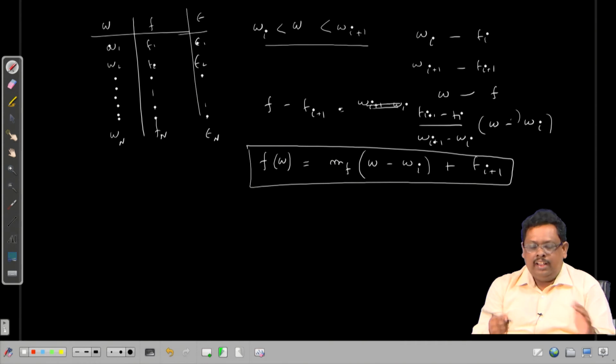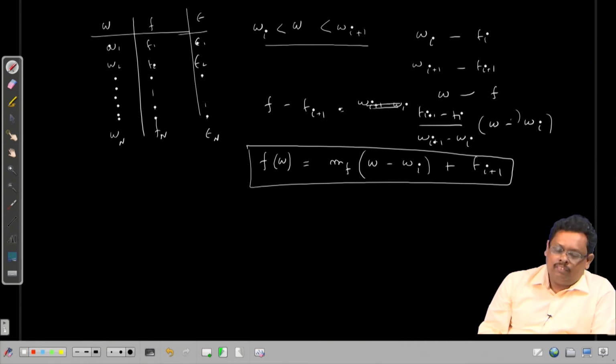With this formula, I can get the solution of f omega. Now you see, I cannot say that it is simple, but this is not the only way to do this. In fact, I would say it is a very simple way of doing it.